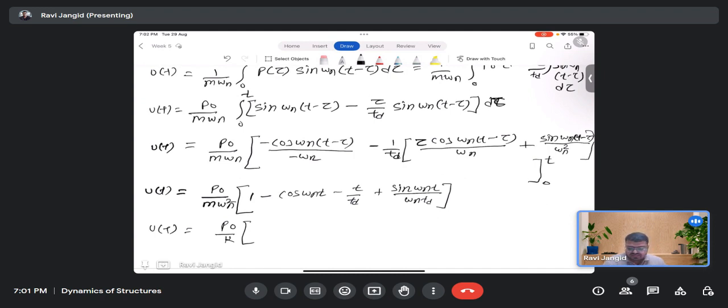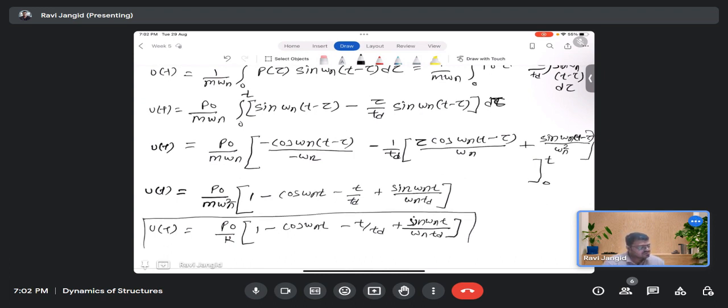Okay, so if I write it the same: 1 minus cos omega n t minus t by td plus sine omega n t over omega n td. So that is the response for t less than td.